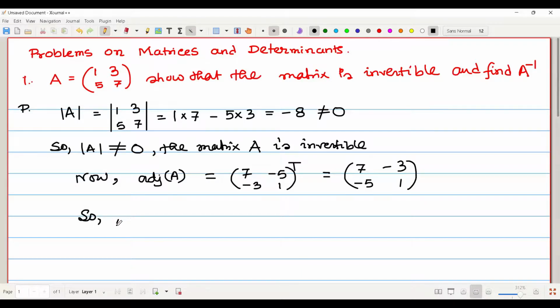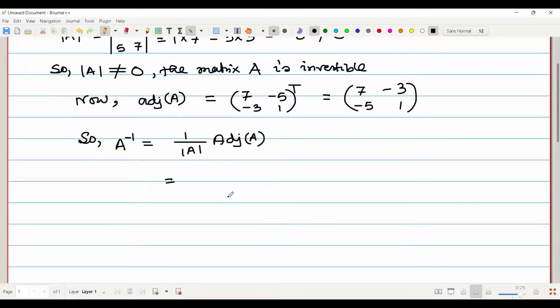So A inverse is equal to 1 by the determinant of A times the adjoint of A. So that means we have 1 by minus 8, as the determinant of A was minus 8, and then the adjoint, that is 7, minus 3, minus 5, 1. So that is our answer.